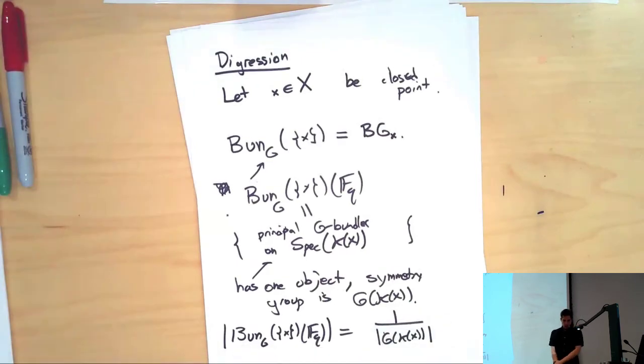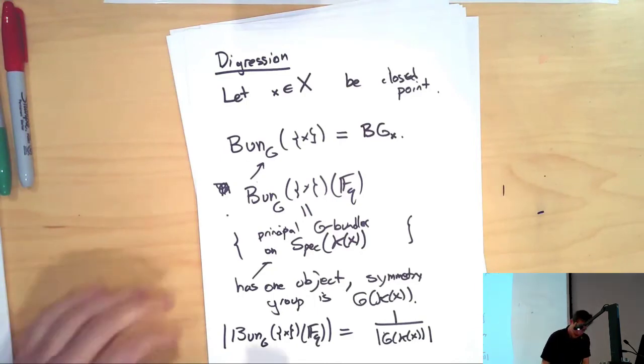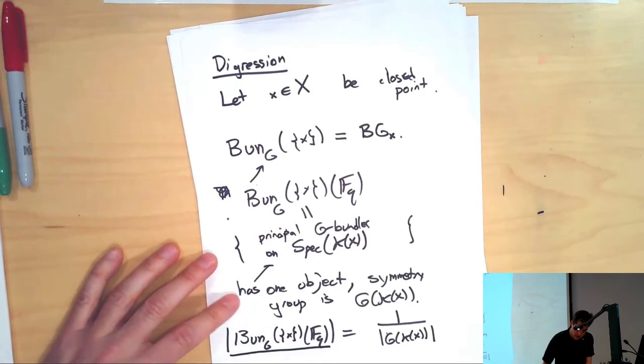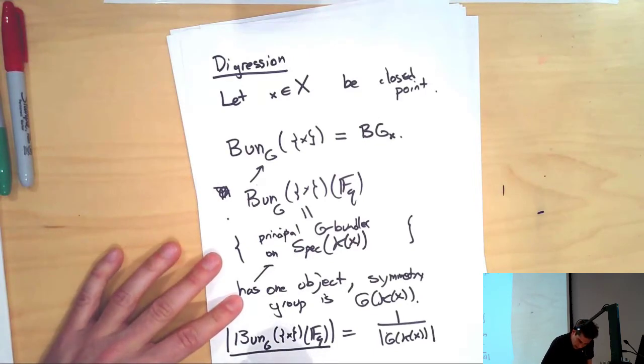So that's the number of points, but what if I was to normalize that by dividing by the expected number? So let's divide on the left-hand side by the power of q to the dimension of Bun_G x.